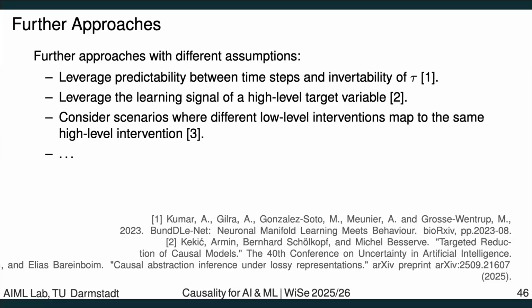Finally, there is a rather new paper. This is really the case where they think about identifiability again and formalize what it means to have different low-level interventions which are not distinguishable on the high level. So basically, you do some interventions on the lower level, but they have the same causal effect on the higher level.